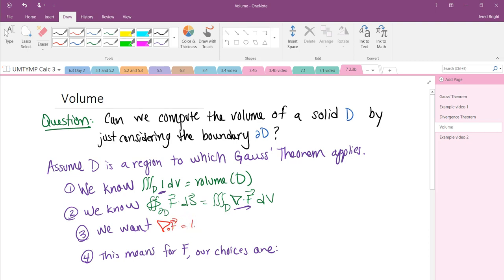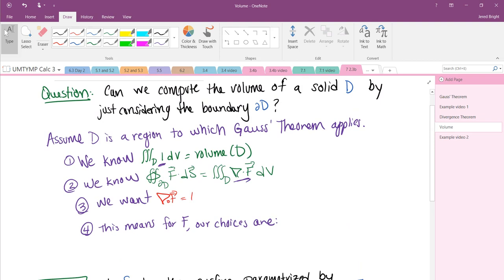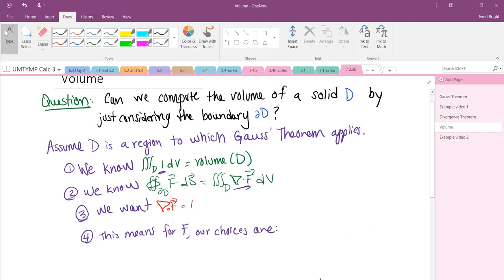Well, how do we make that happen? The big thing is to force it. And this is what mathematicians do sometimes. We might want to choose convenient vector fields. So maybe we want to choose (x, 0, 0), something that when we take the divergence of it, it's 1. Or similarly (0, y, 0).